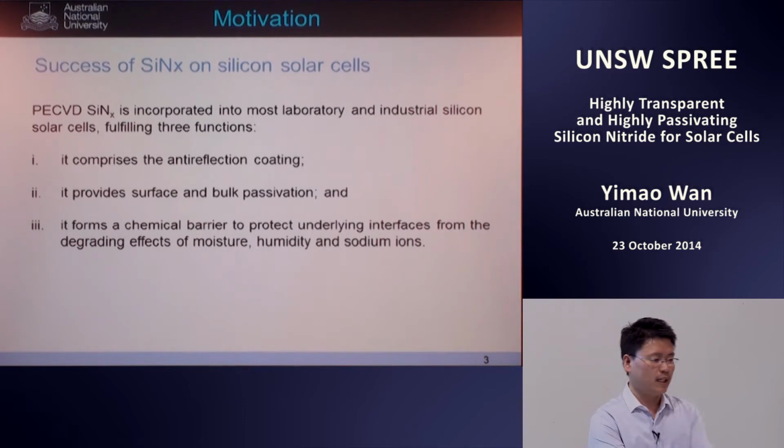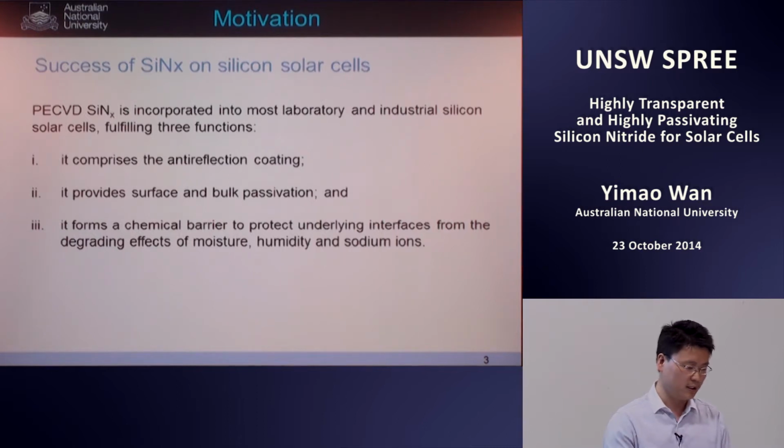Silicon nitride has been successfully implemented in silicon solar cells for more than 3 decades, because it fulfills 3 functions. The first is the anti-reflection coating, and it can provide surface and bulk passivation.